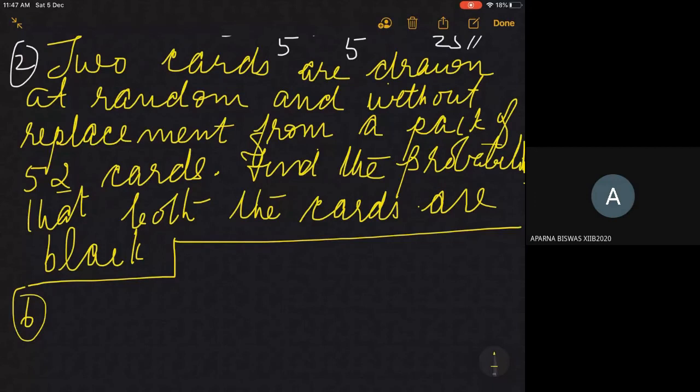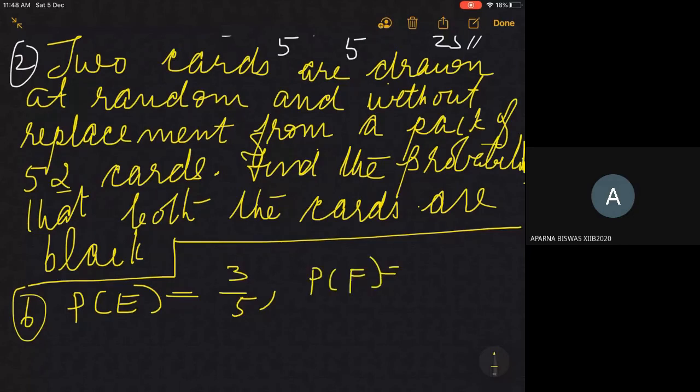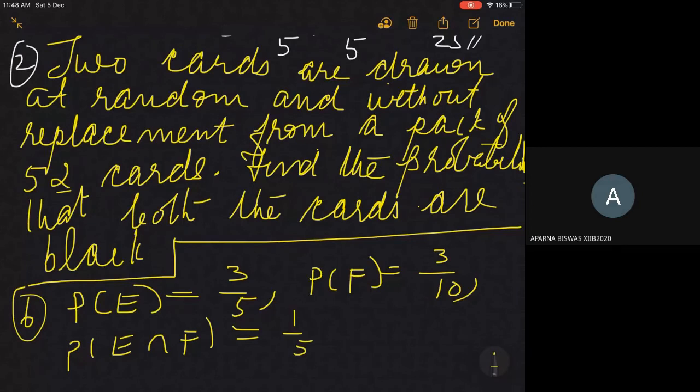It is given that P of E equal to 3 by 5, P of F equal to 3 by 10, and P of E intersection F equal to 1 by 5. The question is, are E, F independent?